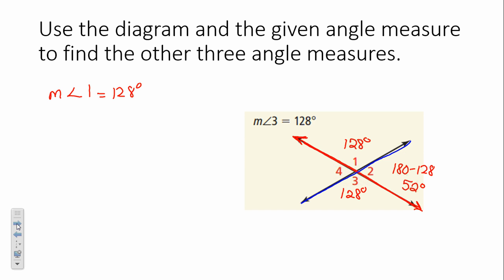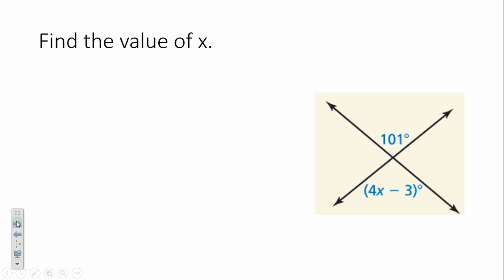And they're going to be congruent. 4 is congruent to 2 because they are vertical angles. So angle 4 also has to be 52 degrees. Okay? So you can work your way all the way around that figure. Good stuff. Okay? Two more quick examples and I'll turn you over to a worksheet.